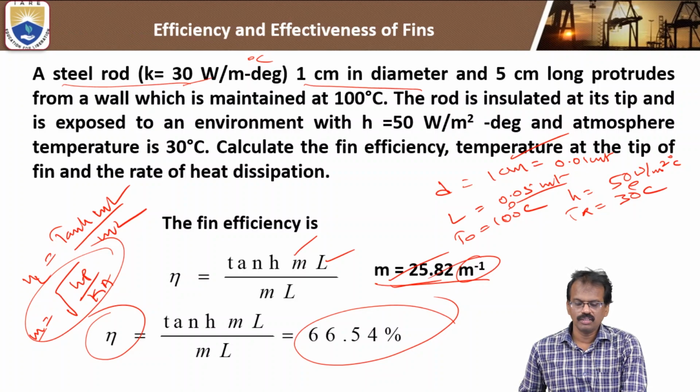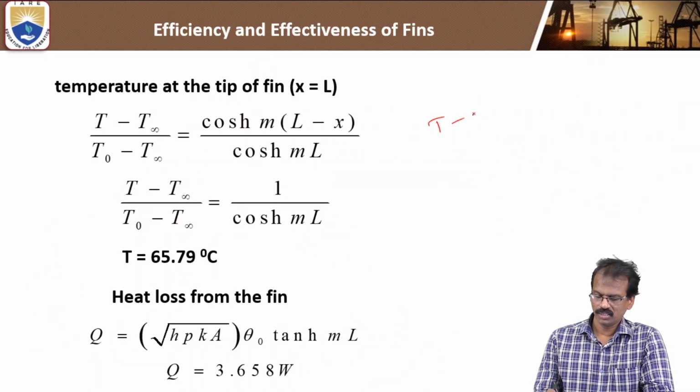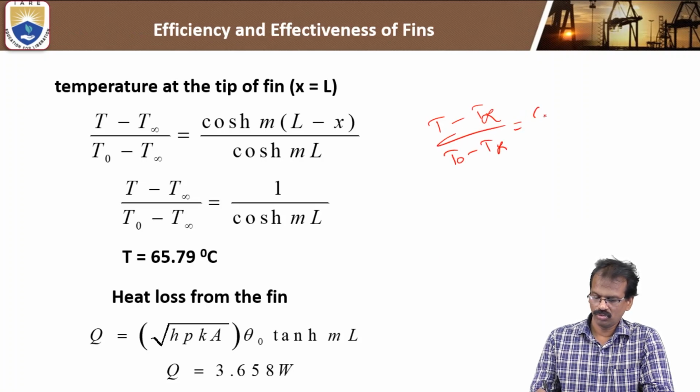Next, we will see the temperature at the end of the pin. At the end of the pin means total length, X is equal to L. You can take. So you know that formula: T minus T infinity by T naught minus T infinity is equal to cosh m into L minus X by cosh ml.